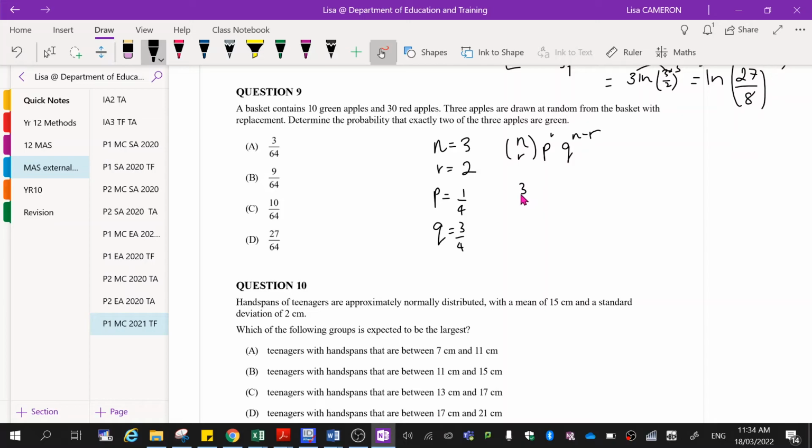So the combination of 3, 2, 1 over 4 to the power of 2, and 3 over 4 to the power of 1.